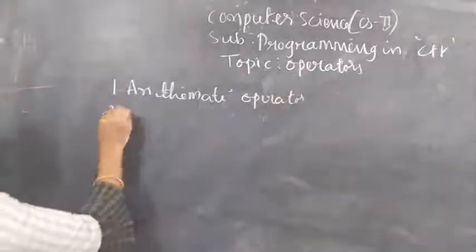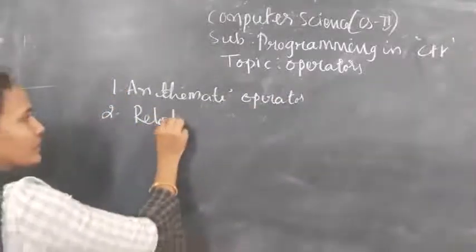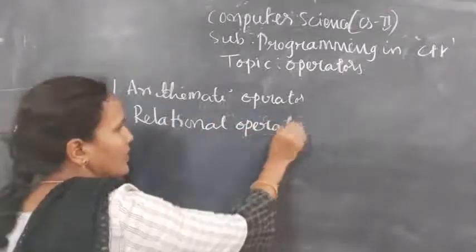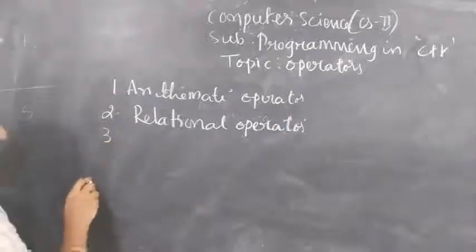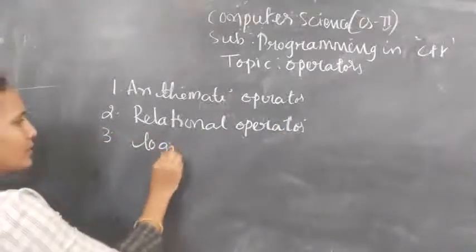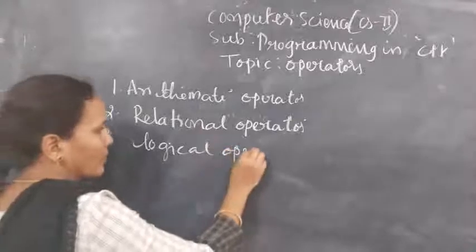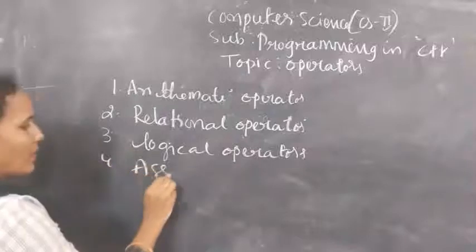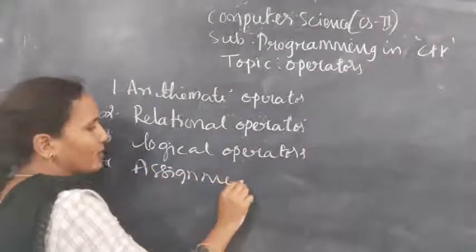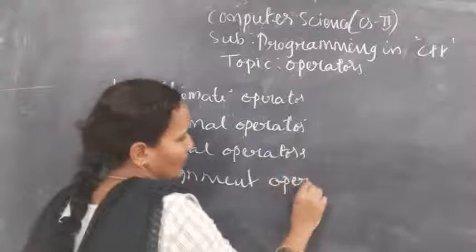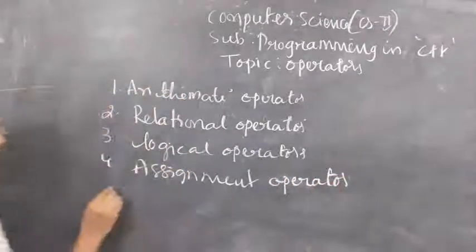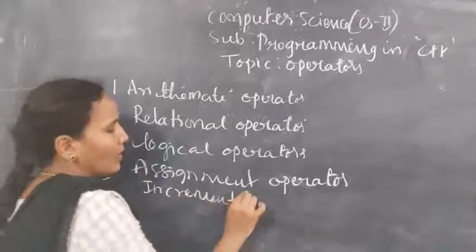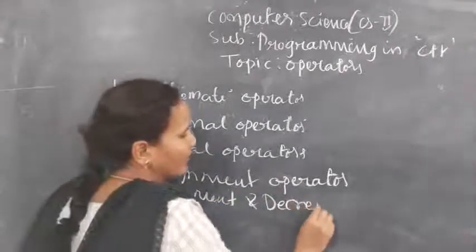The second one is relational operators. Third one, logical operators. Fourth one, assignment operator. And the fifth one, increment and decrement operators.